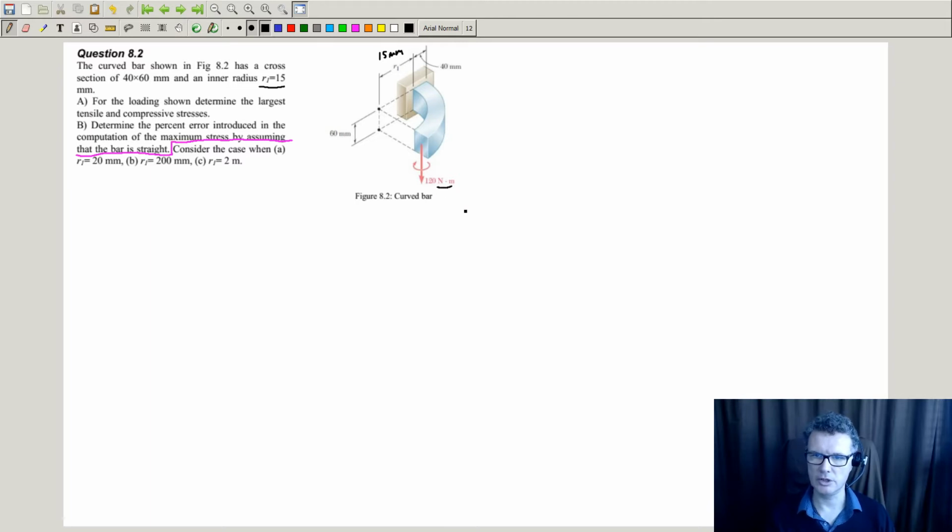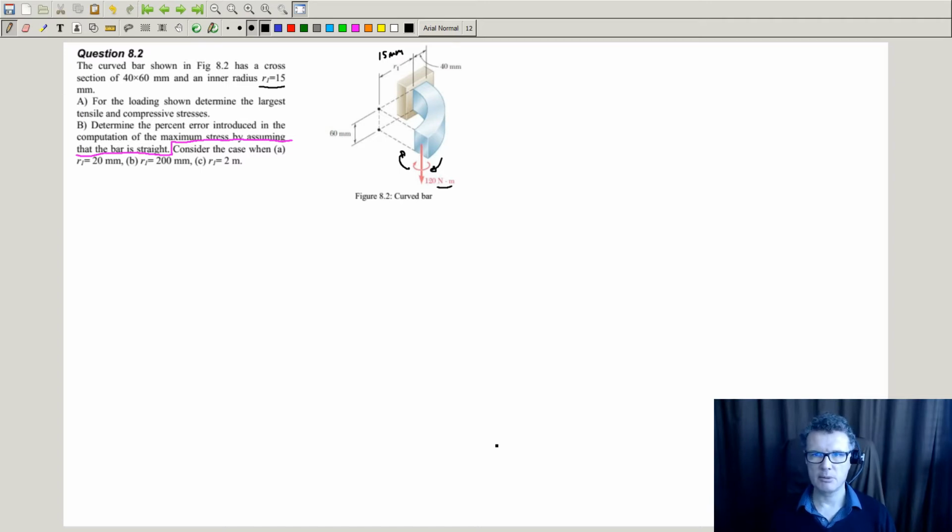Right, so look at the units. First of all, it looks like you've got a downward force, but no, you don't. You've just got a turning moment. So you're trying to bend this thing towards that side and then pull it out on the outer side. So I don't have to worry about any sort of compressive or tensile forces or other bending forces other than this M equals 120 Newton meter term.